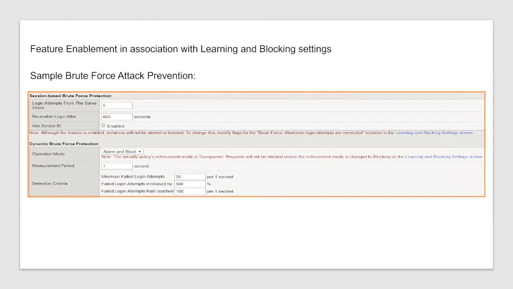Here I give a sample brute force attack prevention configuration, and if you focus on the note part, it says although the feature is enabled, violation will not be alerted or learned. To modify these flags, you look under the brute force violation in the learning and blocking settings. Once you go there, you can choose to learn, alarm, or block it.